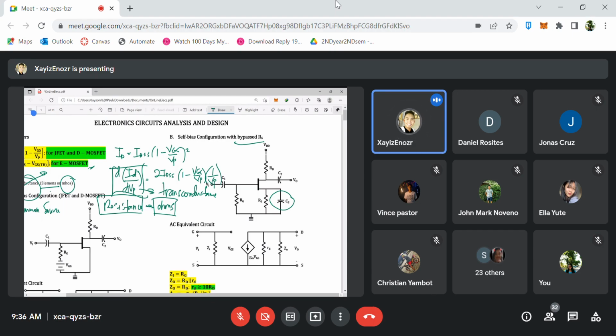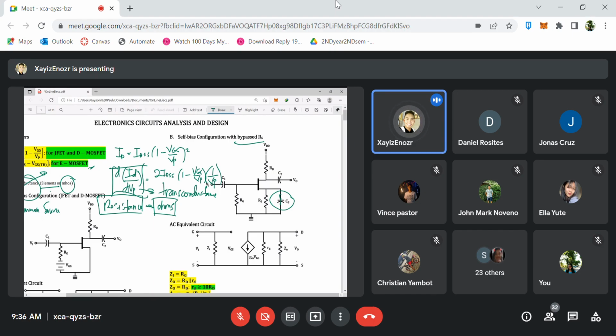Pag nag-AC analysis na tayo, since lahat ng capacitor ay mag-short, shorted na yung ating source terminal. But kapag nag-DC analysis tayo, open ang capacitor, therefore i-consider natin si RS. So, tandaan nyo yun, ha?